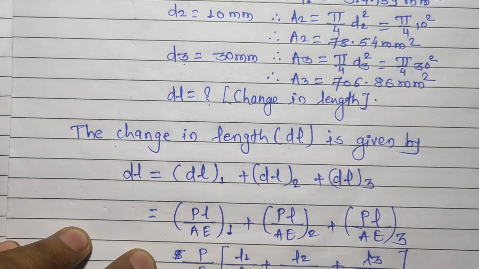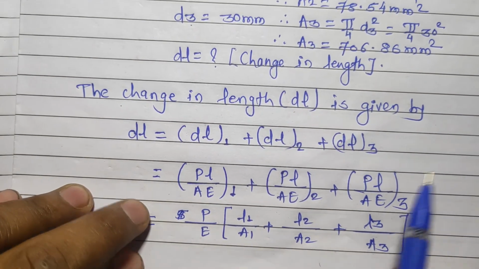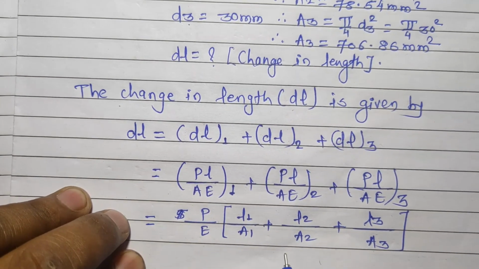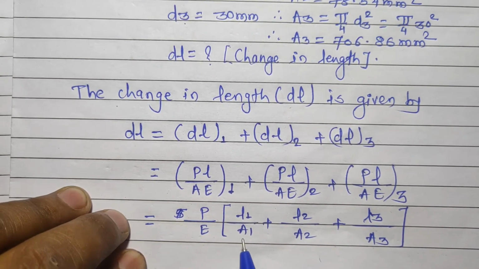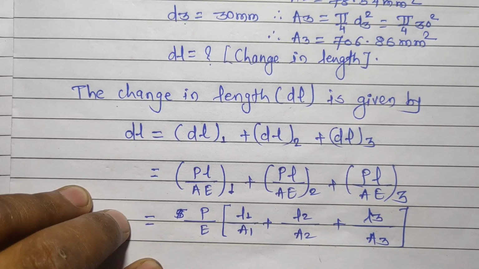So Young's modulus as well as force can be taken common from all these expressions. If you take P by E common, dl will be P by E in bracket L1 by A1 plus L2 by A2 plus L3 by A3.